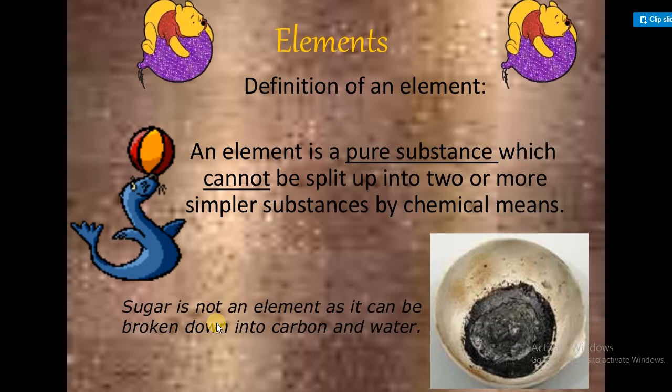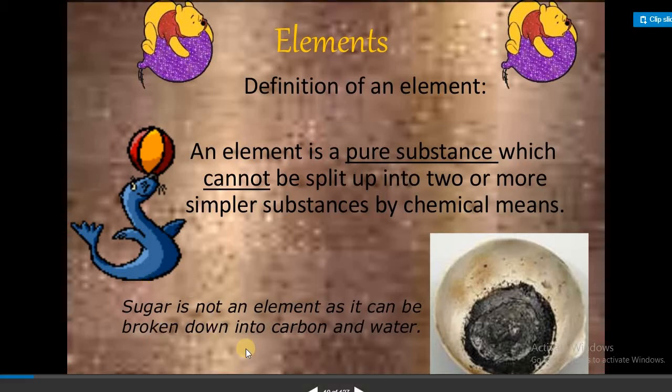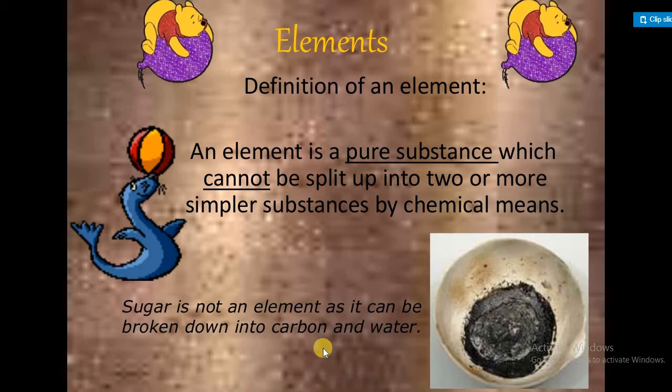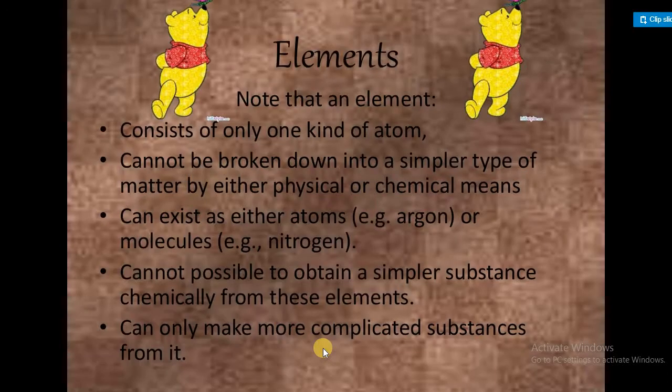So sugar is basically a compound because it has three different types of elements which are chemically combined together. That is carbon, hydrogen and oxygen. So that is not an element. That is a compound. And from the definition of element, it doesn't fulfill the requirement. So sugar is not an element, it is a compound because it can be broken down into simpler substances like carbon, hydrogen and oxygen, or carbon and water.